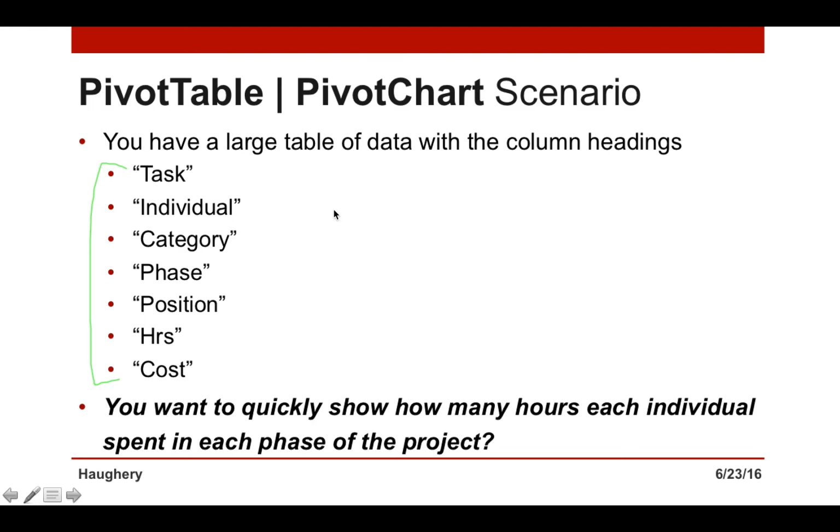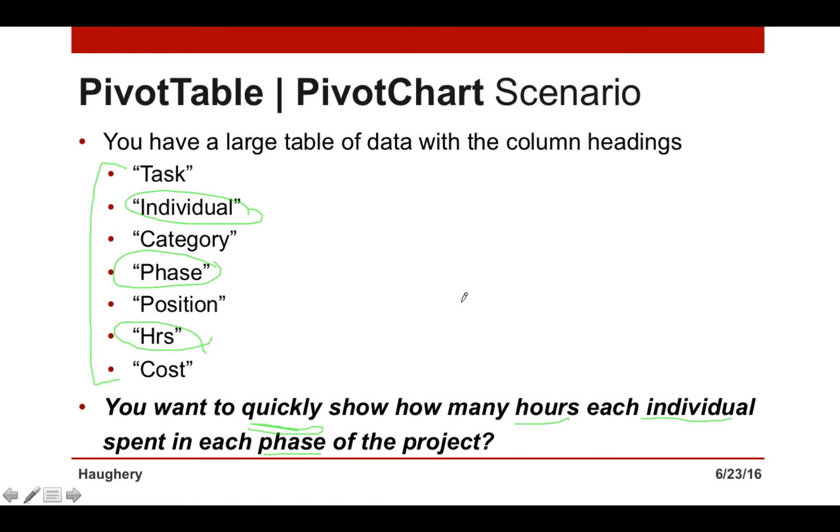And maybe we want to find quickly, okay, keyword quickly, how many hours each individual spent in each phase of a project. So we want to look at our individuals, how many hours they spent per phase.